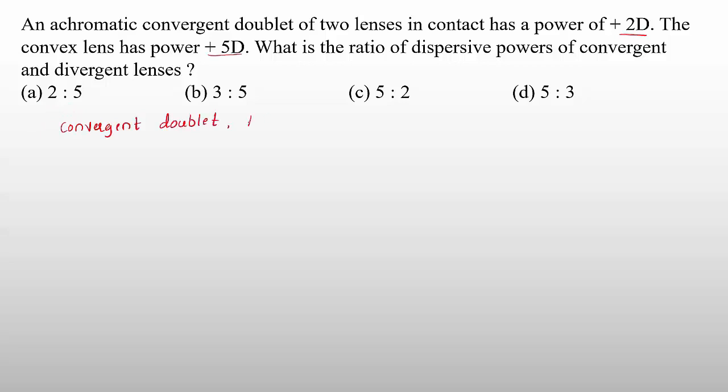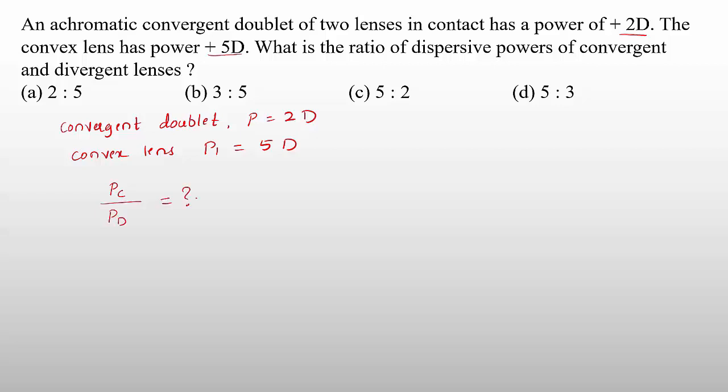Let us take it as power P equal to 2 diopter and only convex lens having the power, let us take it as P1 equal to 5 diopter. Now we have to calculate the ratio of power of convergent to the divergent lenses. Let us take it as power of convergent PC divided by power of divergent, that is PD.